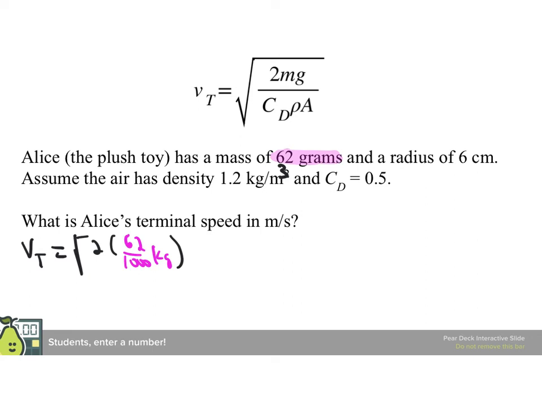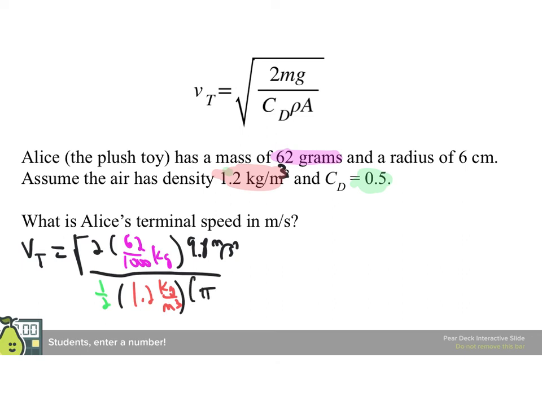Times g, which we know is 9.8 meters per second squared, over 1/2, which is, of course, the coefficient of drag, times the density of 1.2 kilograms per meter cubed, times an area, which is pi r squared.